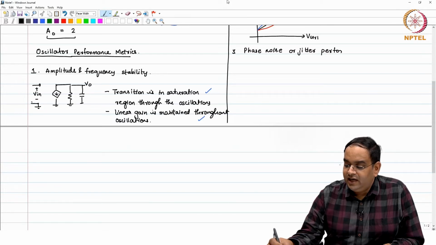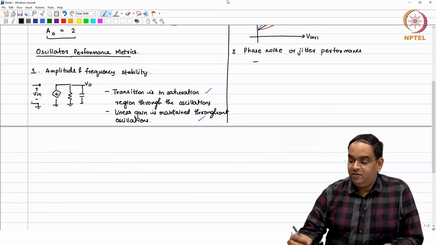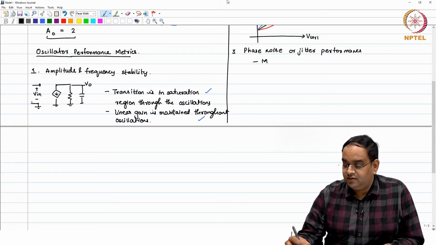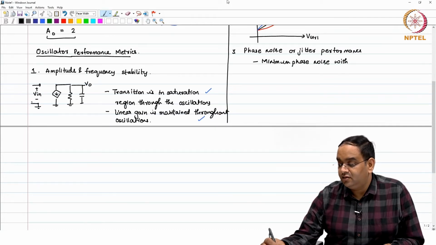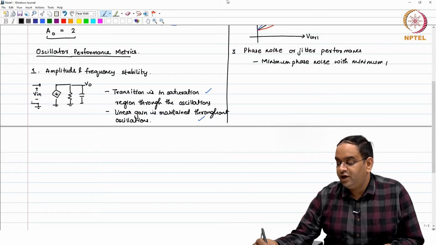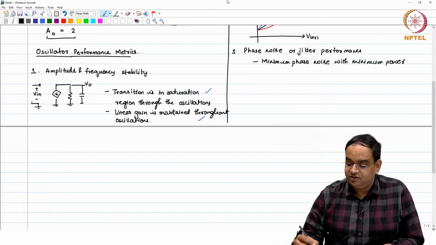Okay. Ideally, we would like to have minimum phase noise, okay, minimum phase noise with minimum power. That is the goal always, but there will be some limits with what you can do in a given process.